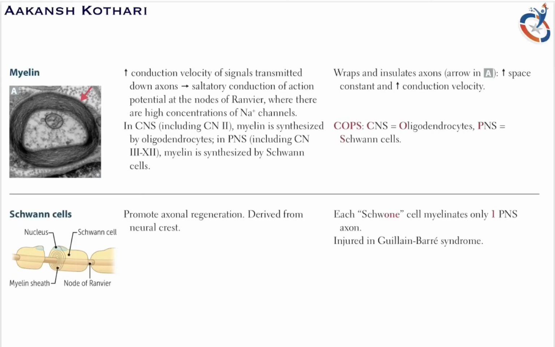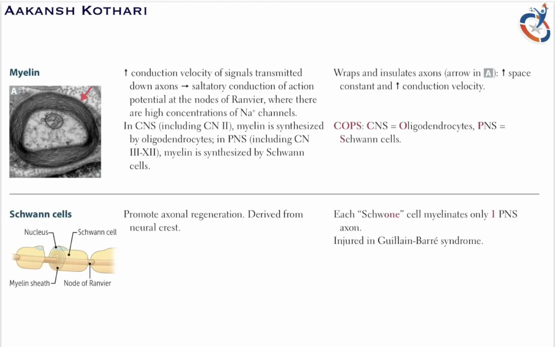It increases the conduction velocity by saltatory conduction of the action potential at the nodes of Ranvier, okay. So, due to the nodes of Ranvier, there is saltatory conduction, that means a jumping conducting movement from node to node of Ranvier, where there are high concentrations of sodium channels, and hence there is excessive conduction of the nerve impulse.